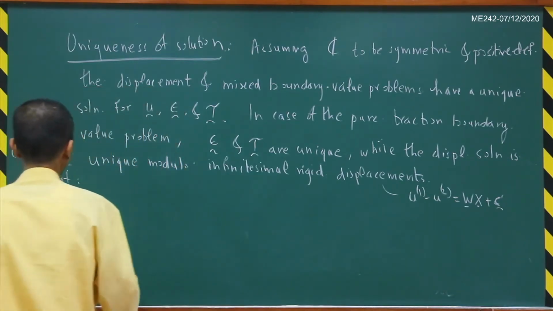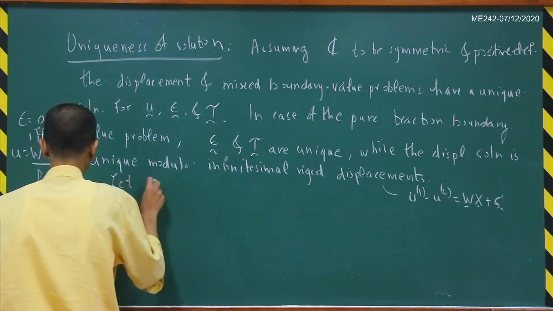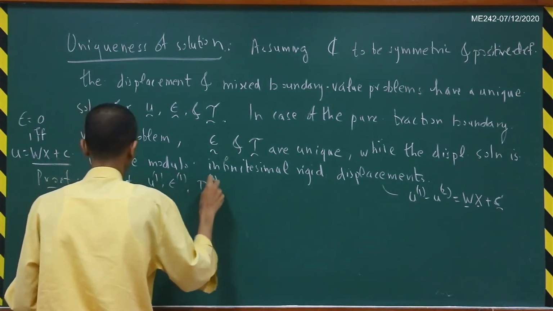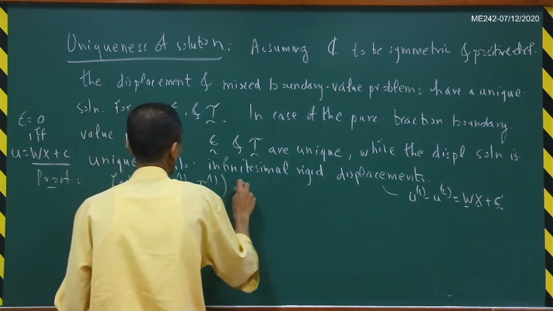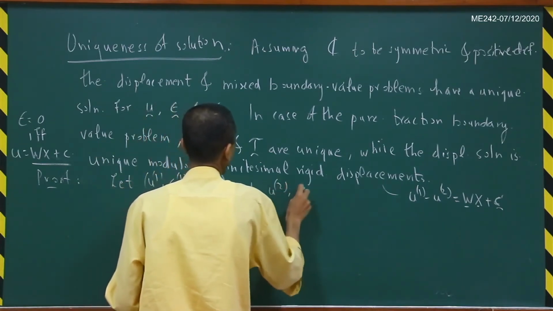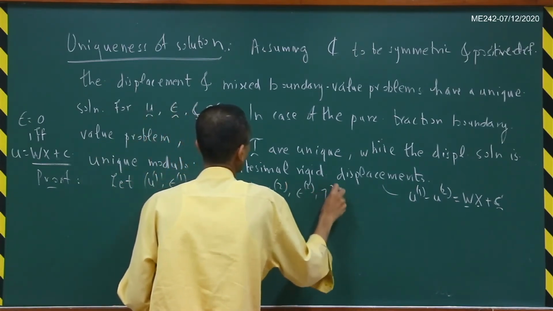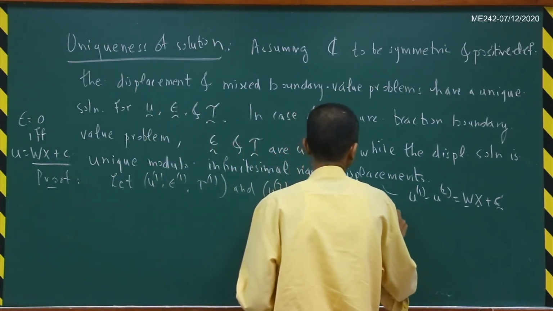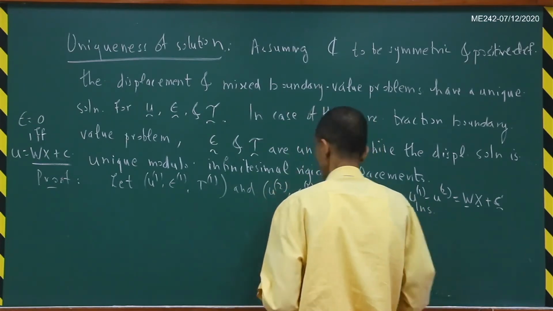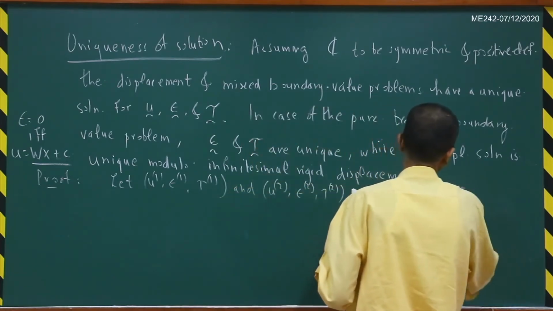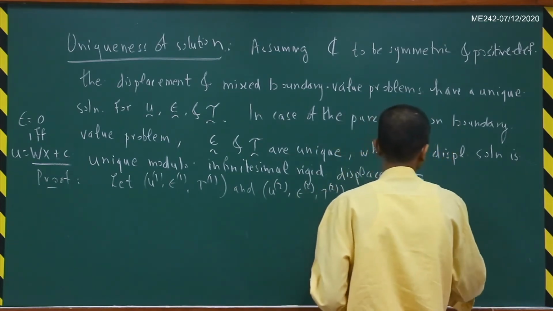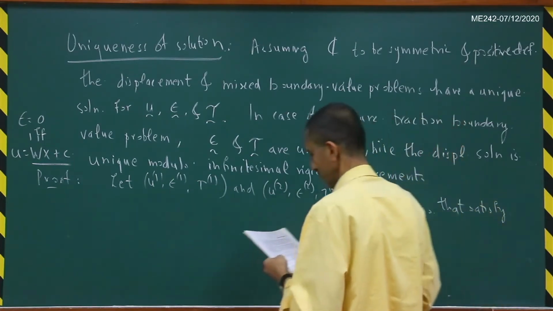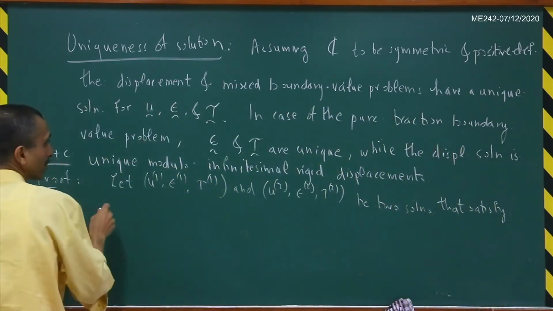So let u1, epsilon 1, tau 1 and u2, epsilon 2, tau 2 be two solutions that satisfy the governing equations and boundary conditions.